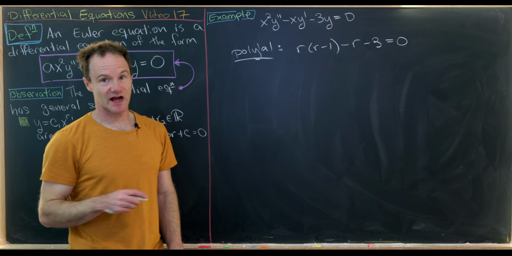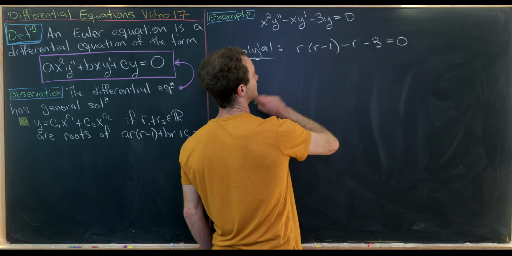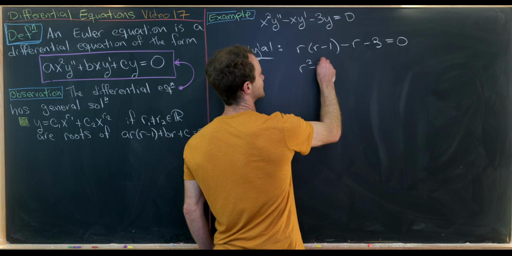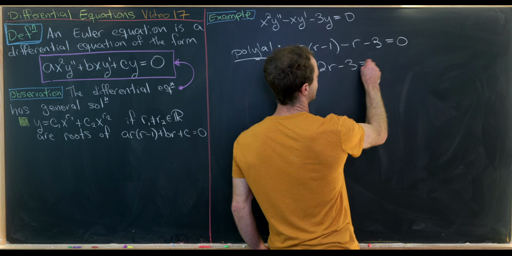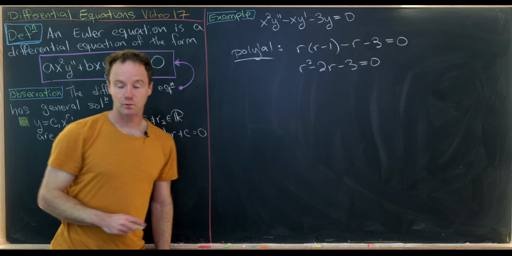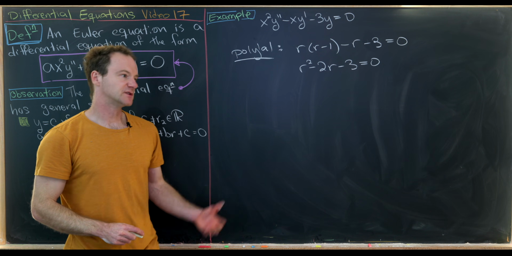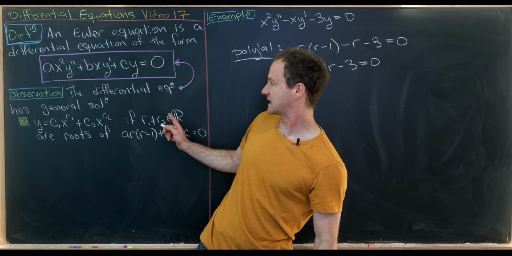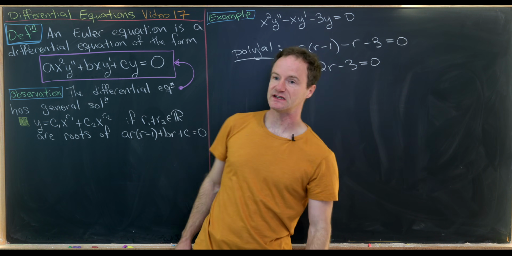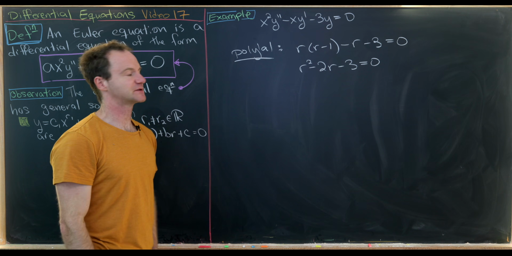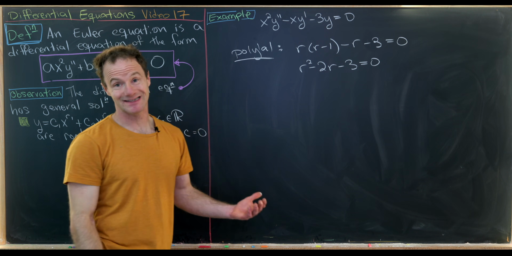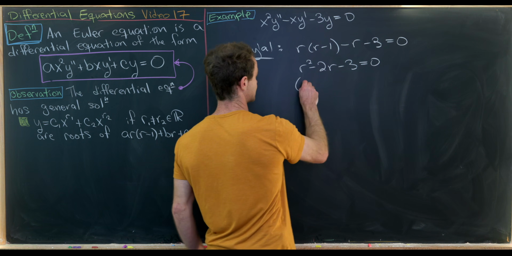So the standard strategy would be to expand this out. That'll leave us with something like r squared minus 2r minus 3 equals 0. And then we'll try to factor that. So since we've only done this first case so far, where we have distinct real roots, we should hope that this probably factors with distinct real roots, and it does.